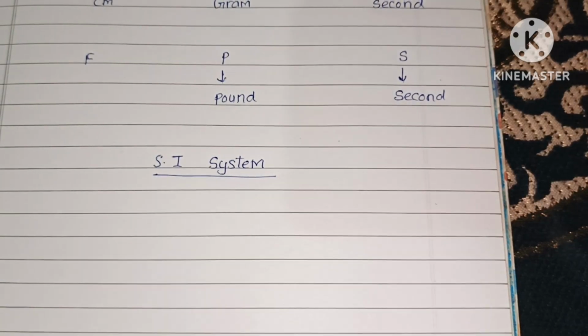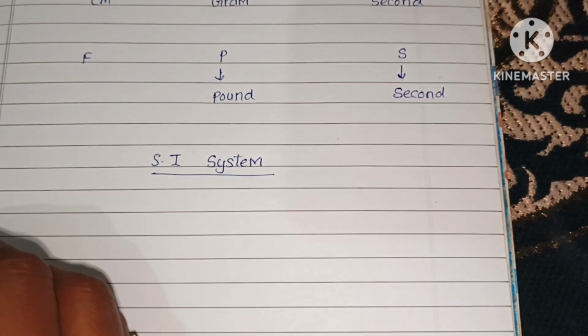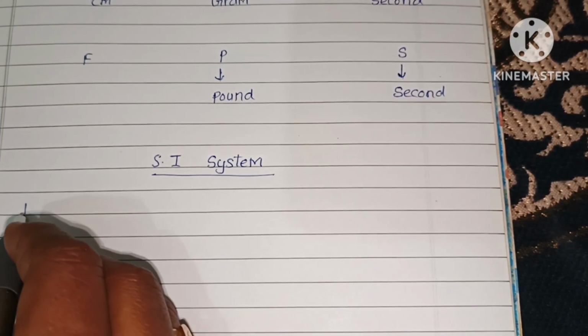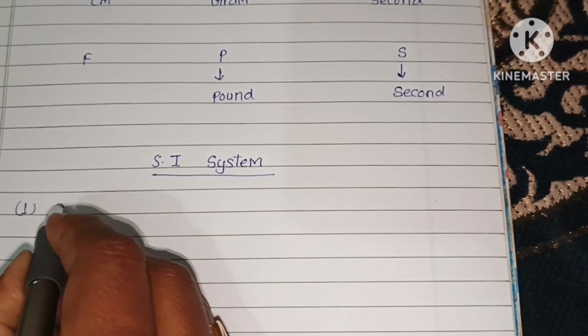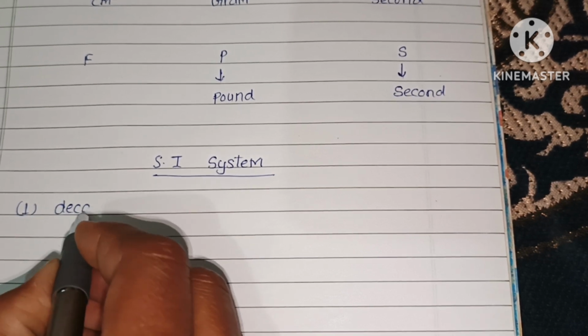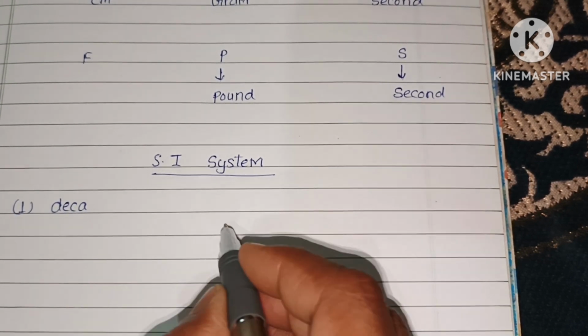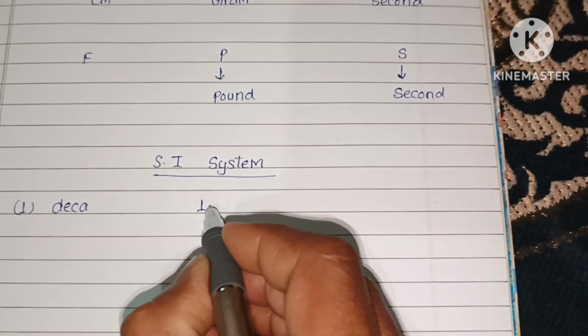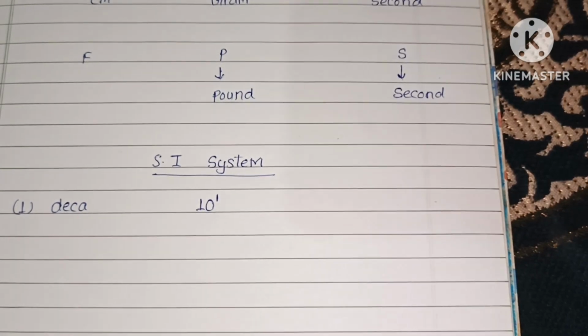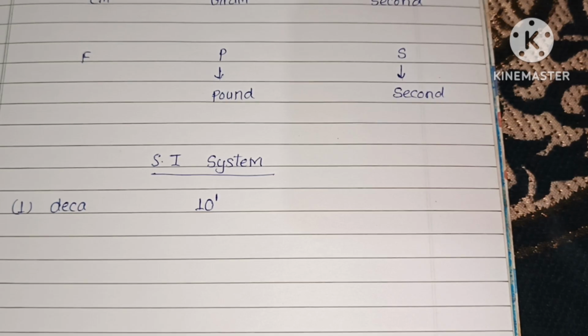Okay, the first is deca. Its value is 10 to the power 1.